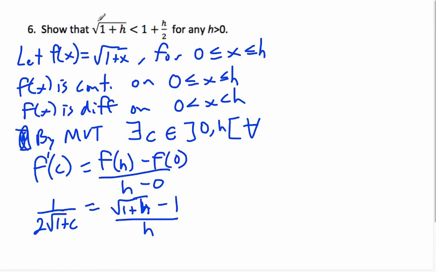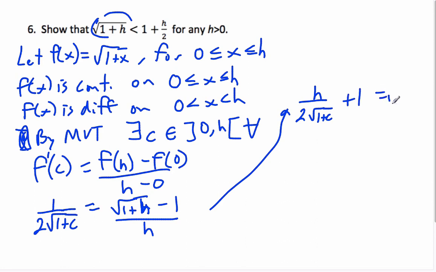Okay, we want to solve now for root 1 plus h, and then it will follow from there. So if I solve for that, I multiply both sides by h, and I get h over 2 root 1 plus c plus 1 is equal to root 1 plus h. Okay, so this is almost looking like what we want, and we need an inequality here.